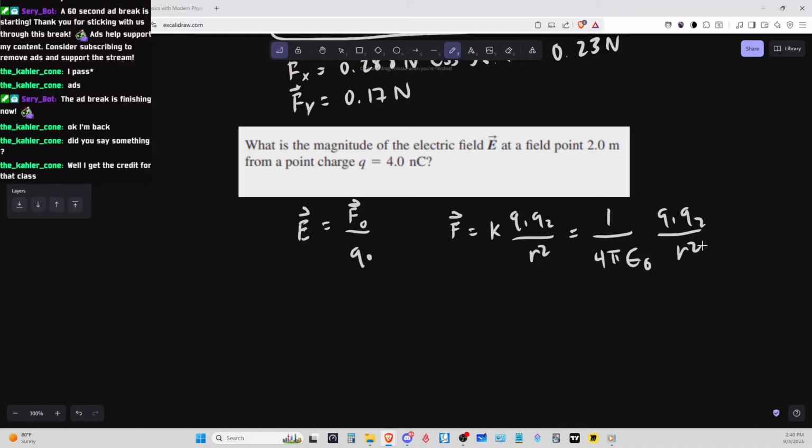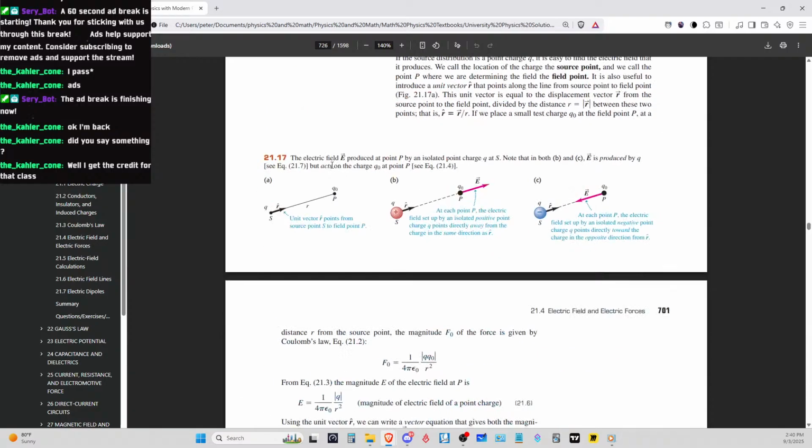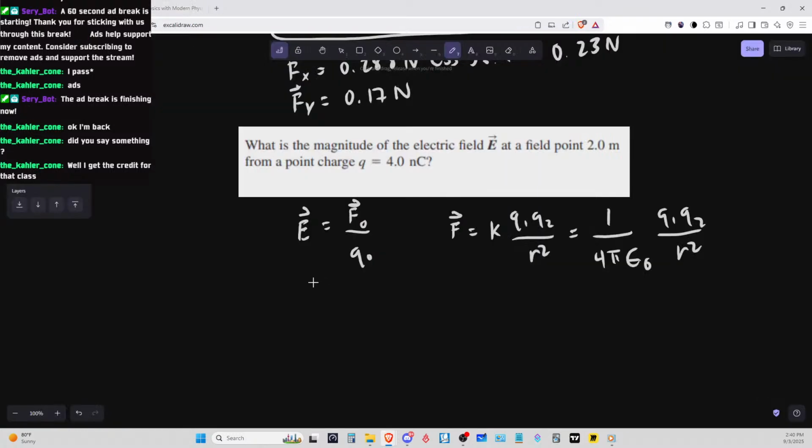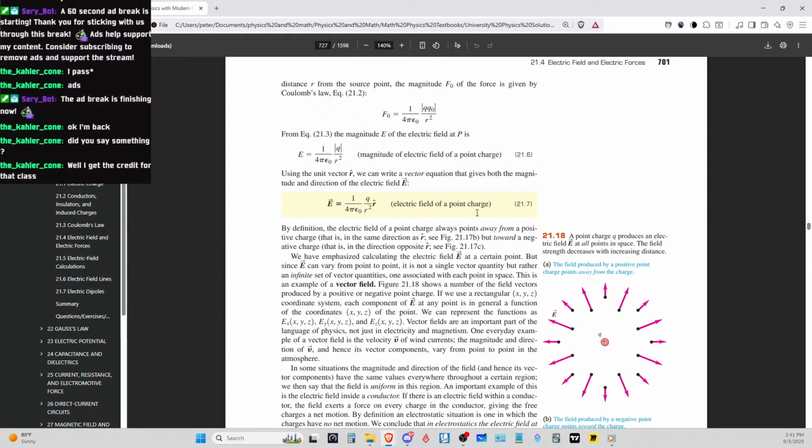I just want to write these down so I know that I have them in my arsenal. I'm surprised I actually remember that. And also the electric field is this formula, so I should write that down too: 1 over 4 pi epsilon naught, times the charge over the radius squared, right? Yeah, radius squared. And then there's our hat there.